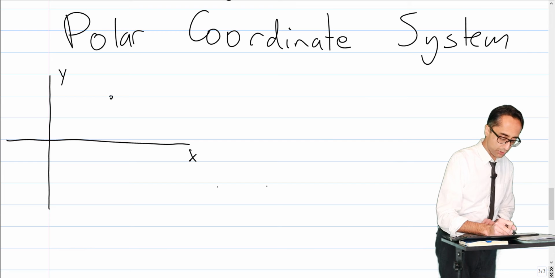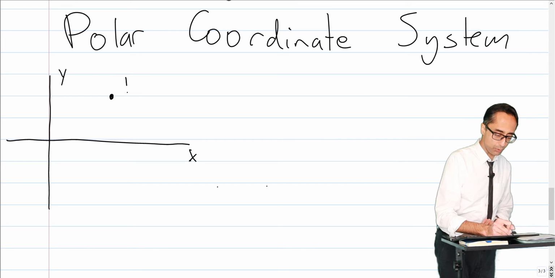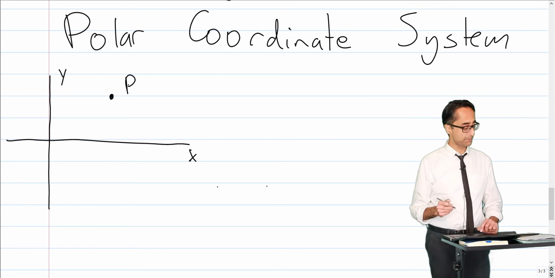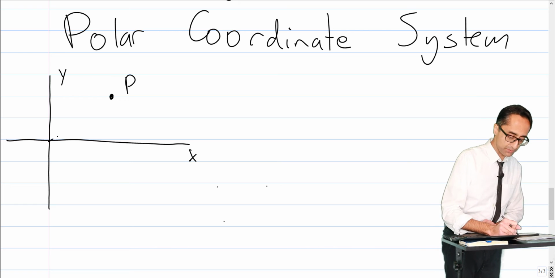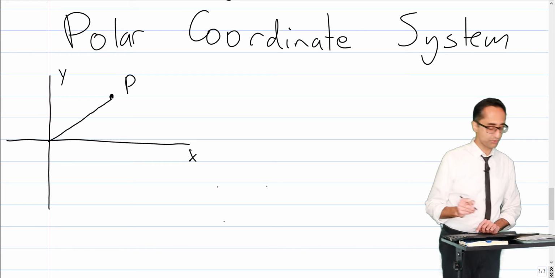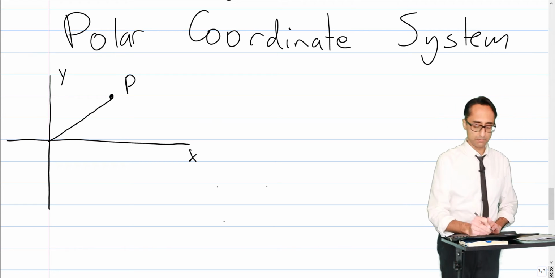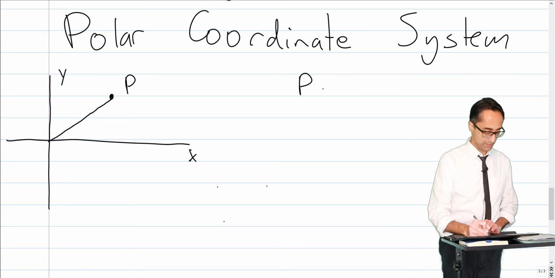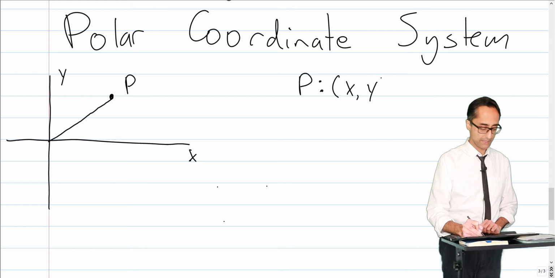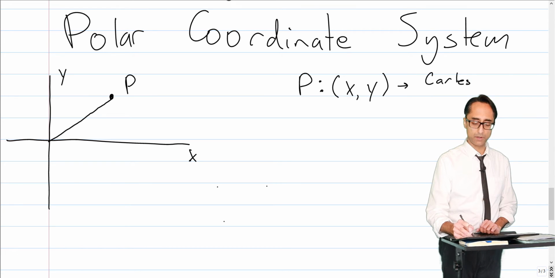And y and x are good at describing the location of point P. This location, point P, can be described typically in the following way. We can say that P is located at some x and some y. And this, again, is from our old-fashioned Cartesian coordinate system.